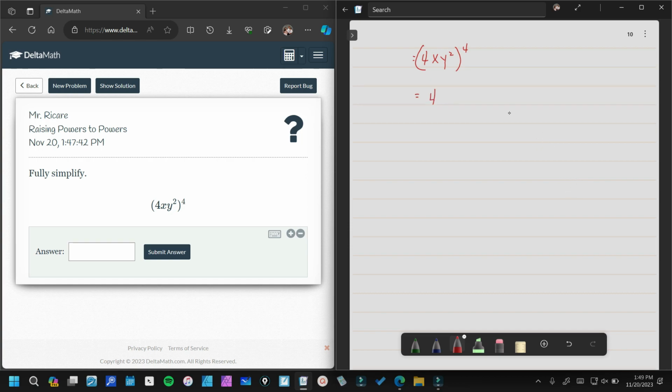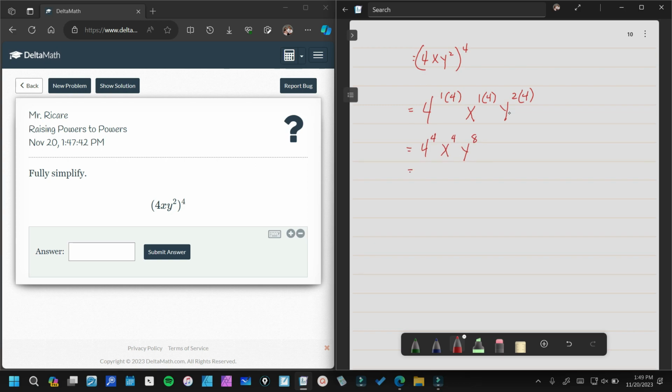So that's 4 raised to 1 times 4, and then x raised to 1 times 4, and then y raised to 2, or y squared, times 4. So our final answer is 4 raised to 4, x raised to 4, and y raised to 8.